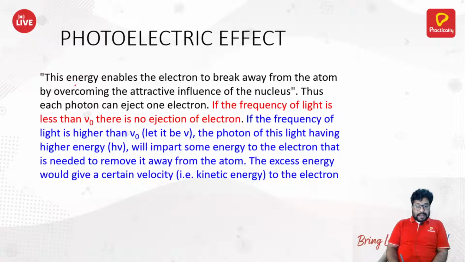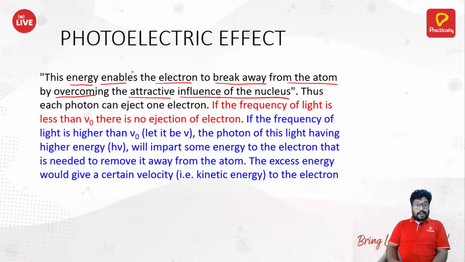So I was saying this energy enables the electron to break away from the atom by overcoming the attractive influence of the nucleus. As you all know, every electron is under the attractive influence of your nucleus, right?